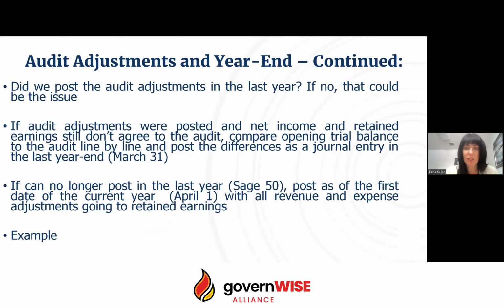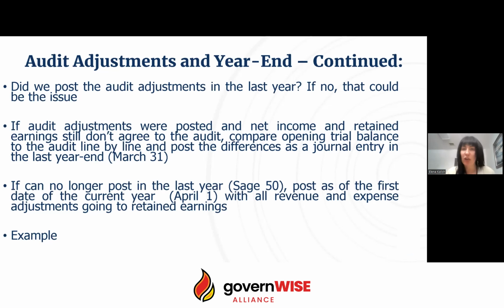So I think we did all this. But another thing to note, there are systems like Sage 50 that if you pass the year end a certain number of months, it automatically gets locked down, so you can't post anything into that year anymore. If that's the case, you may need help from your auditors to adjust, because really, instead of adjusting in last year, you'll have to be adjusting in this year.